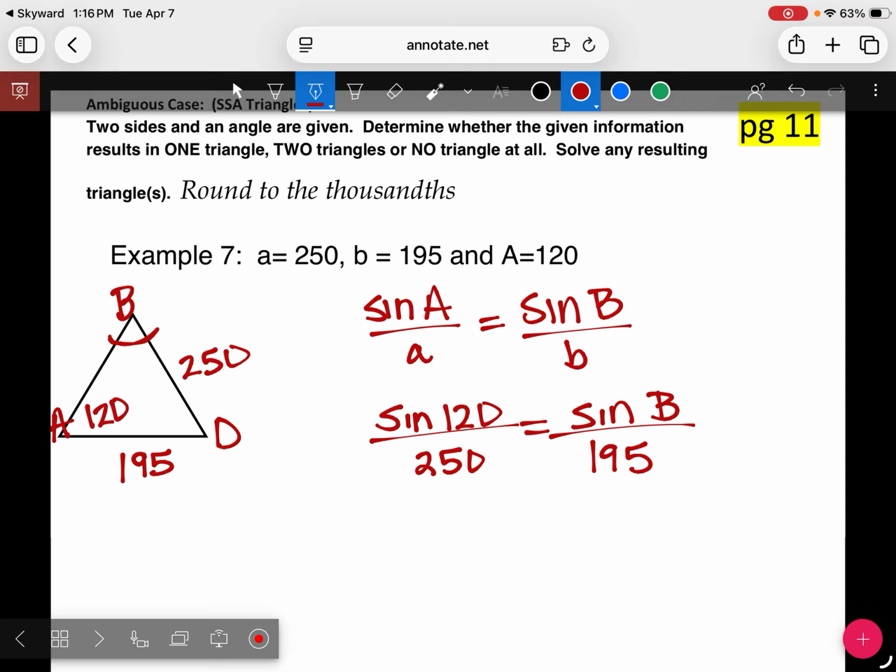Okay, go ahead and solve it. If you don't get an error, that means we have at least one triangle. We could have two, but we definitely have one.